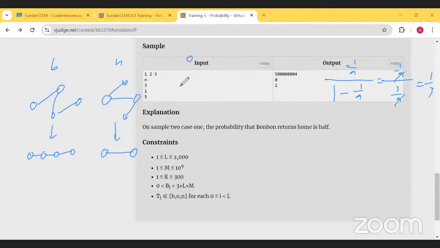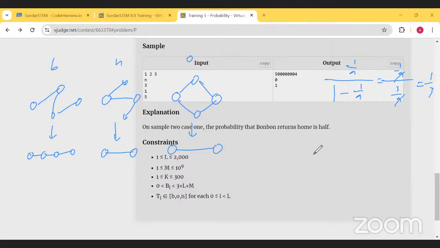How about O here? The pattern is like this. What will be the probability? And the good news is this will also be equal to this. Why?